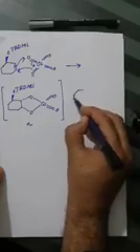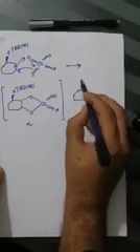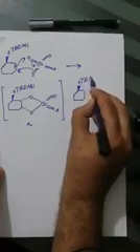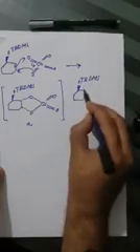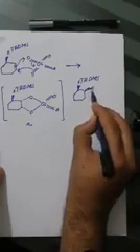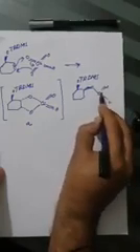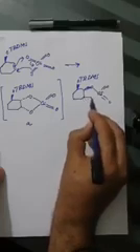Let's draw another transition state. Now we have two transition states. What do you think? Which transition state would be the more stable?